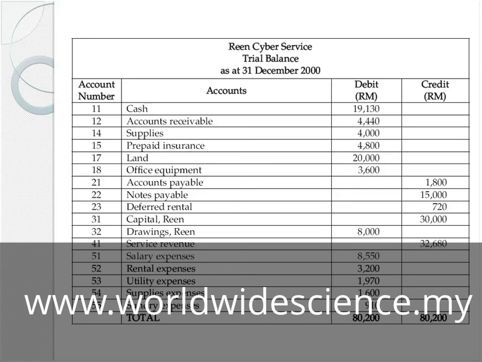Cash is on the debit side, because it's increased, it's our assets, right? Accounts receivable, we show on the debit side, it's increased. Supplies, also the debit side, prepaid insurance, the land.